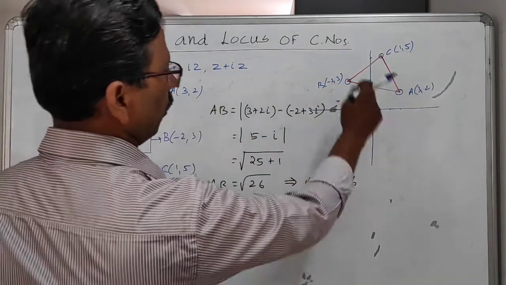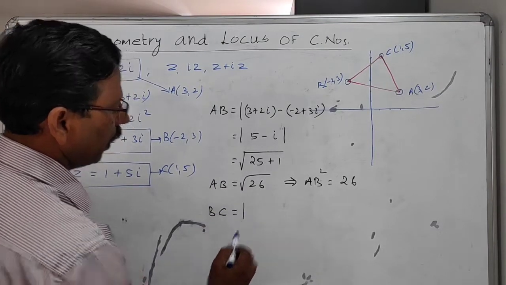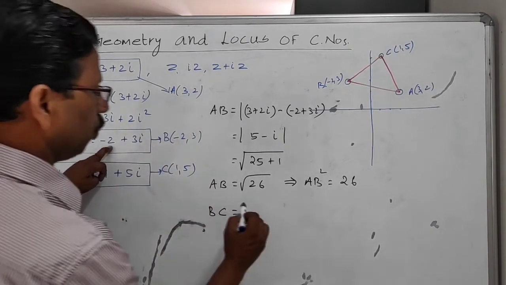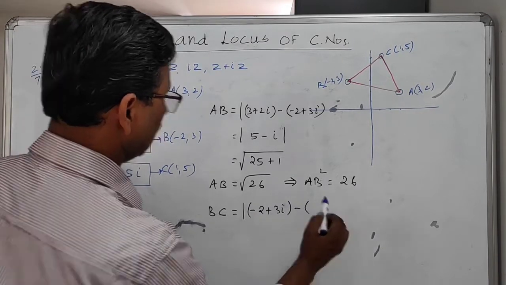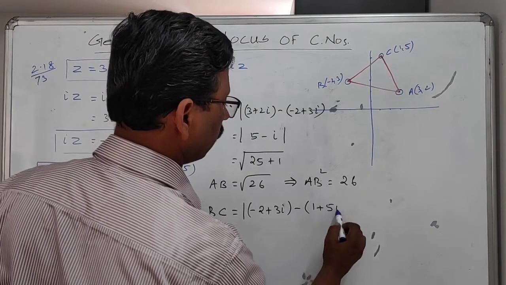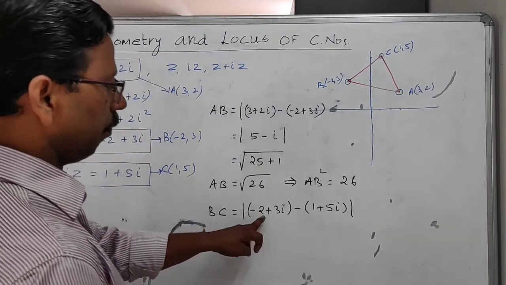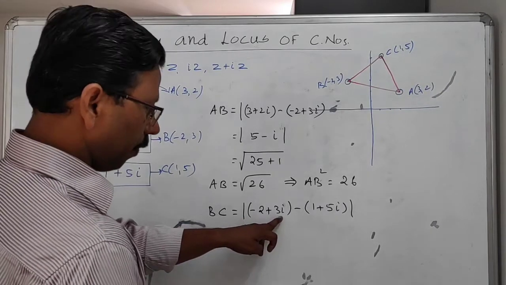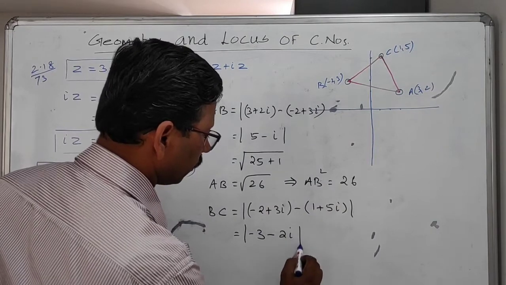Next we can find BC. BC is equal to the distance between the points B and C. B is minus 2 plus 3i, minus C, which is 1 plus 5i. Which is equal to the modulus of minus 2 minus 1, which gives minus 3, then 3i minus 5i, which means minus 2i.